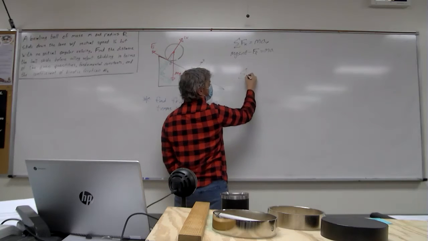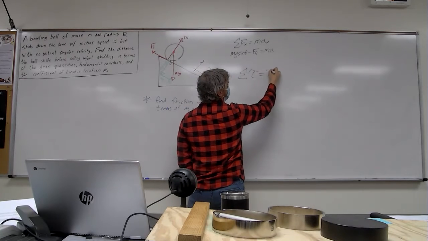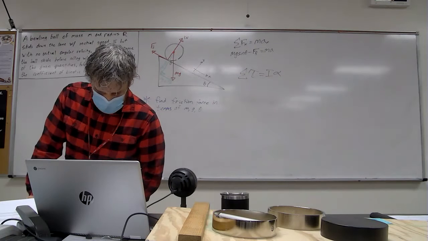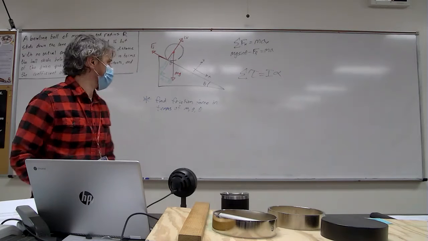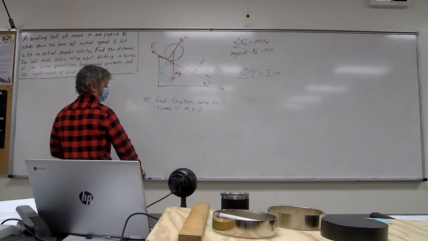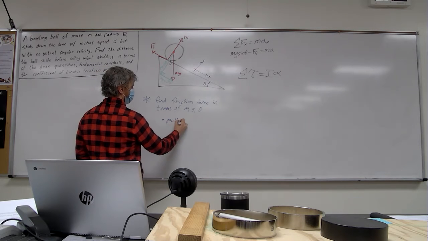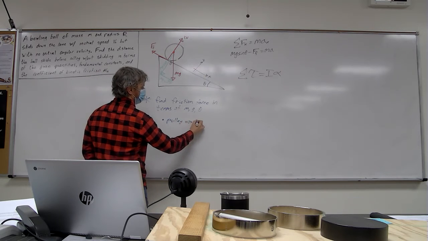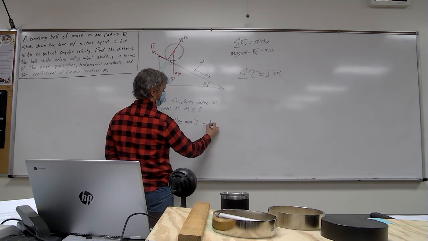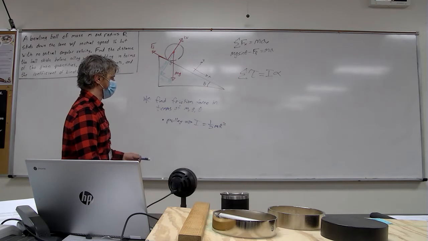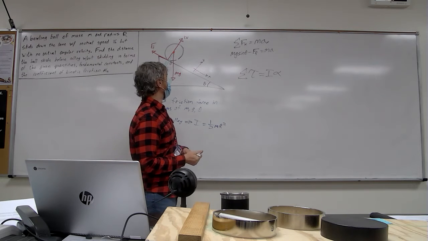The net torque is equal to the rotational inertia times the angular acceleration. What is this? This is a pulley. So the moment of inertia is 1/2 mr squared. All right.